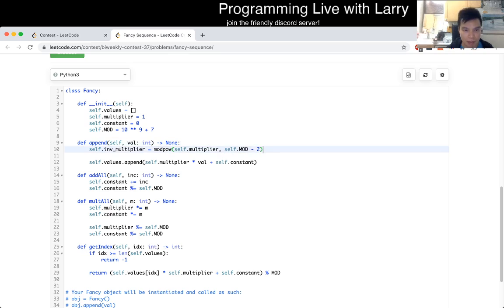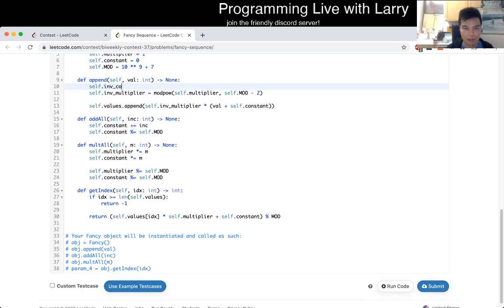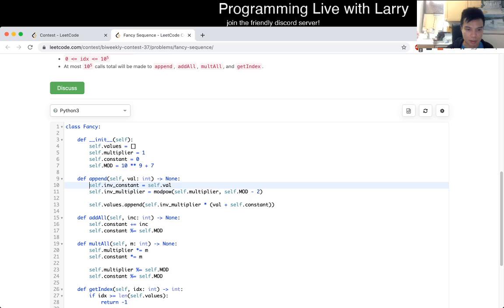Is it amp power or mod power? I think you do the constants first. Nope.